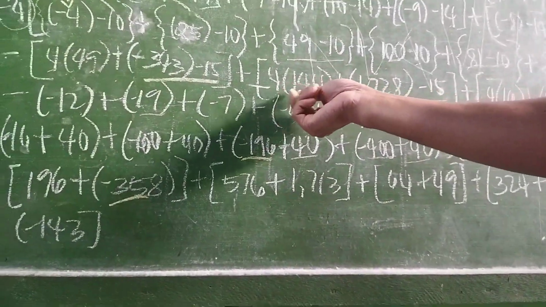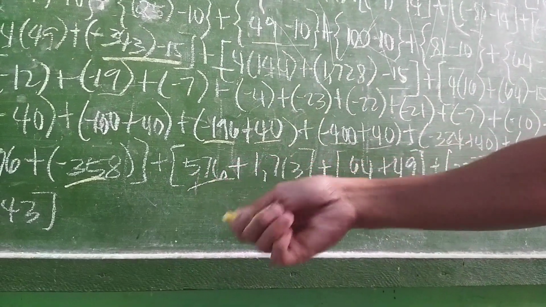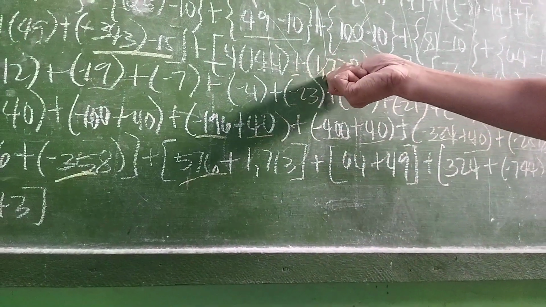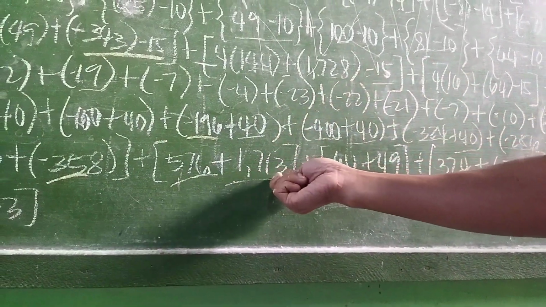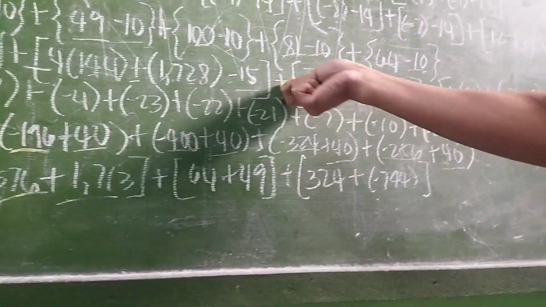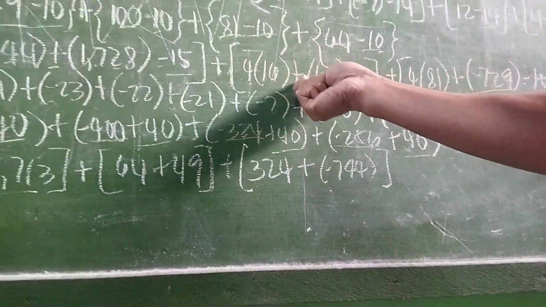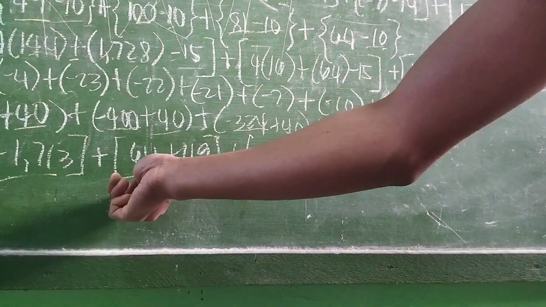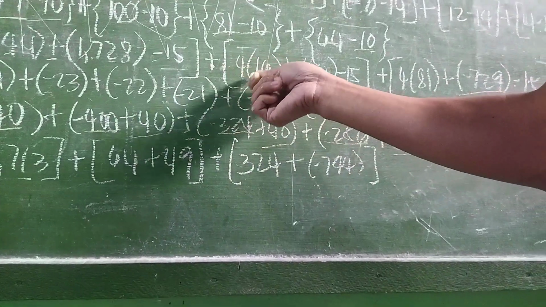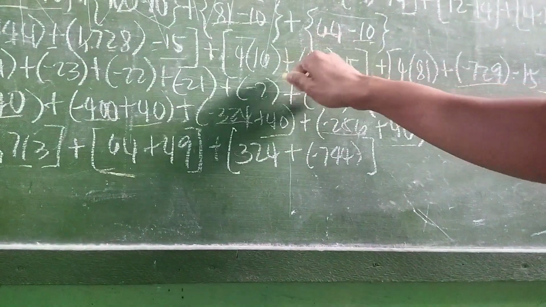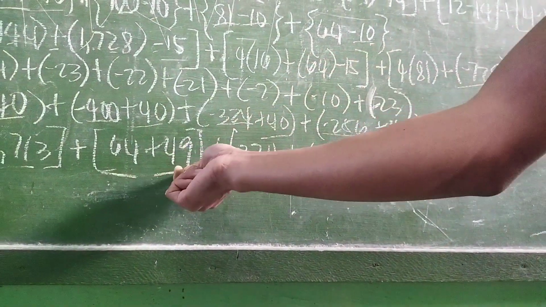4 times 144 is equal to 576 plus 1728 minus 15 is equal to 1713. 4 times 16 is equal to 64 plus 64 minus 15 is equal to 49.